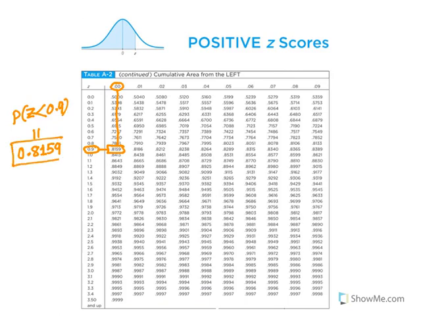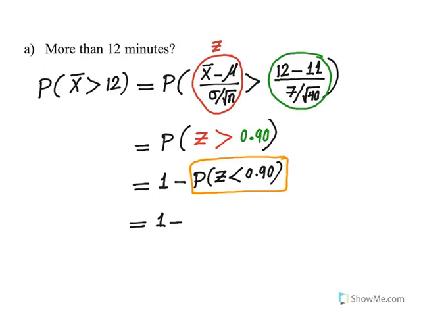So the answer is 0.8159. So I'll put it here. 0.8159. And if you subtract this from 1, you should get 0.1841. Okay?